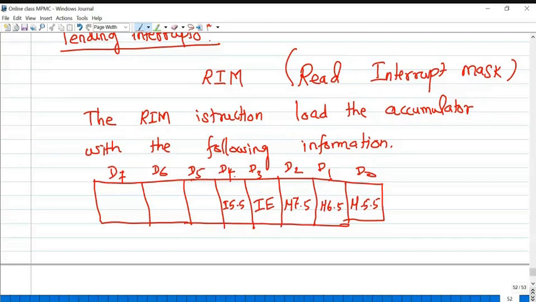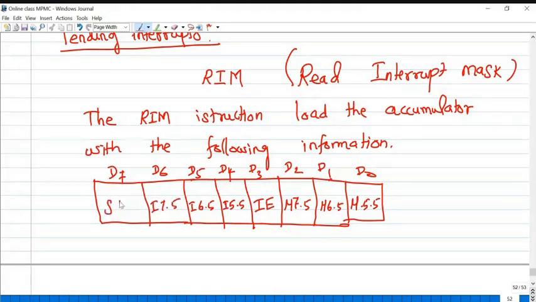If the D4 bit is 1, RST 5.5 is pending. If the D5 bit is 1, then the RST 6.5 interrupt request is pending, and so on.